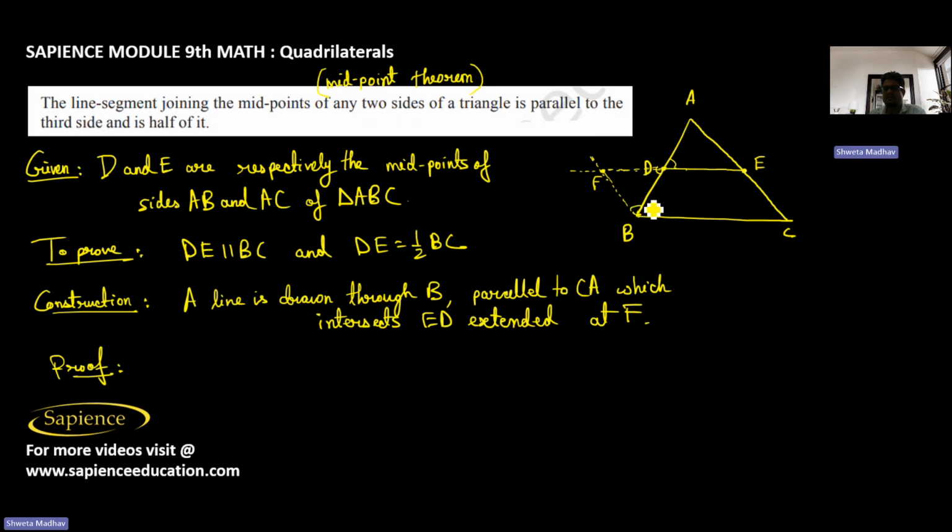And we can also say that this is equal to this since they're alternate interior angles, since BF is parallel to EA, which is according to the construction. So by ASA rule, by angle side angle rule, we can say that these two triangles are congruent.